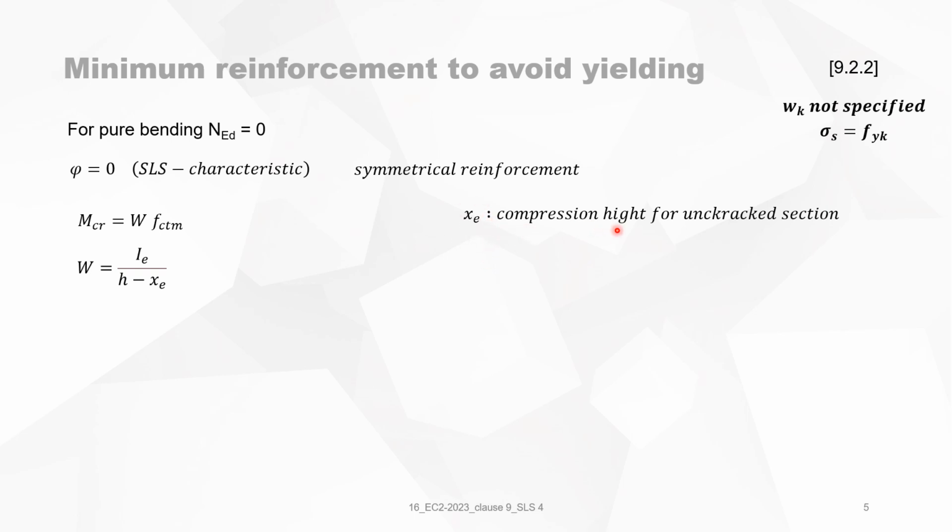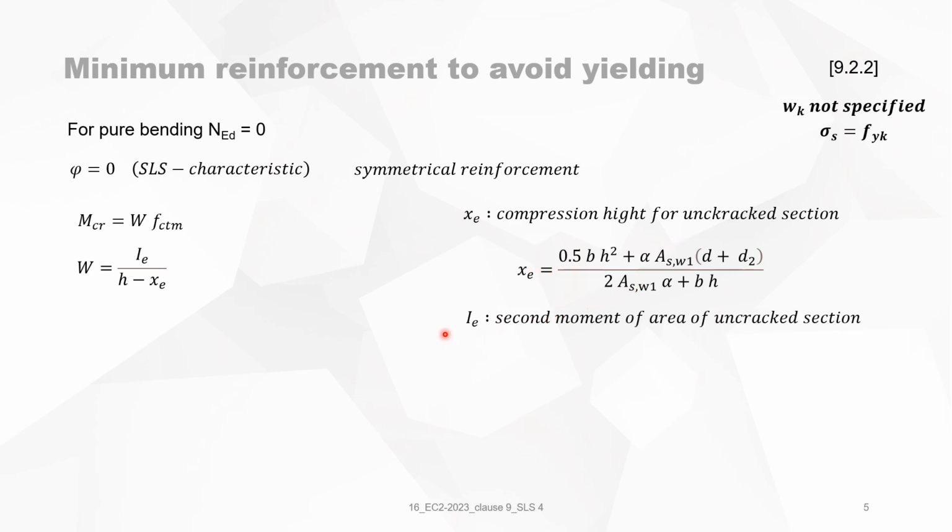Then the formulas become as follows. XE is the compression height for the uncracked section because you are calculating here the cracking bending moment. And this compression height for the uncracked section is a function of the width and depth of the section and the position of the reinforcement. EE is the second moment of area of the uncracked section, and it's given by this formula.